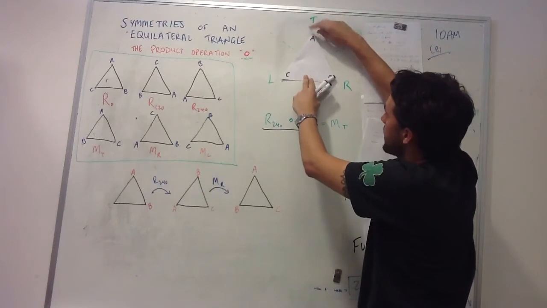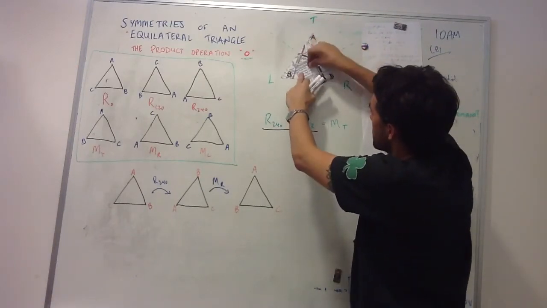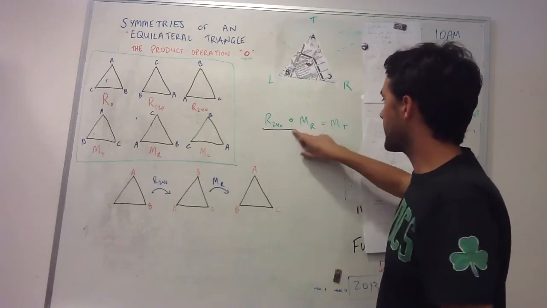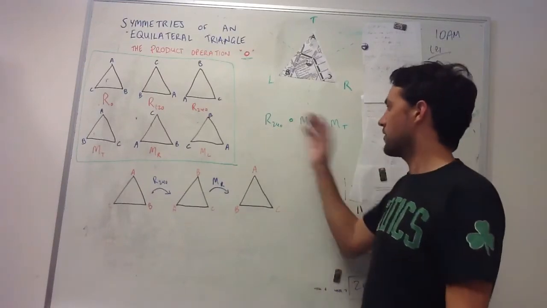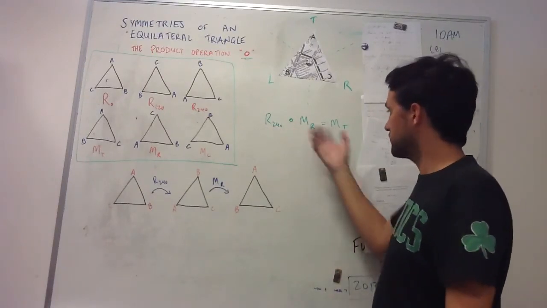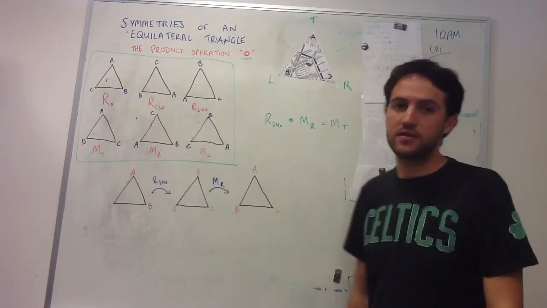So it would keep the A here, flip through like this. So I get the product of symmetries, rotation of 240 degrees and then taking the mirror, is the same as doing MT.